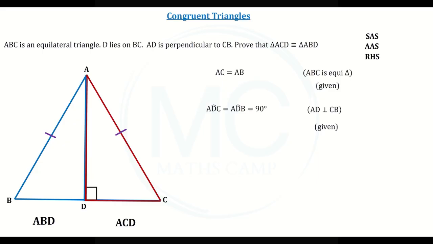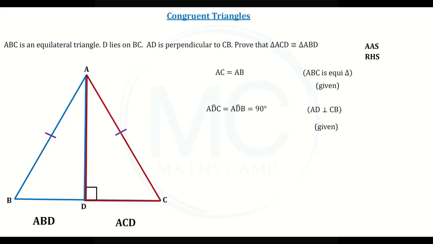Our angle is the 90-degree angle at D. AB is the hypotenuse in triangle ABD, and AC is the hypotenuse in triangle ACD. So if we can find another pair of sides, we can use RHS as a reason, because now we have the hypotenuse. This means that we can't use SAS. So let's take this reason out of our list as well.